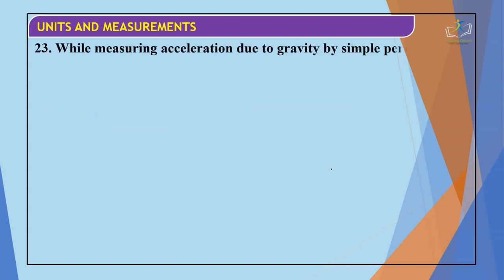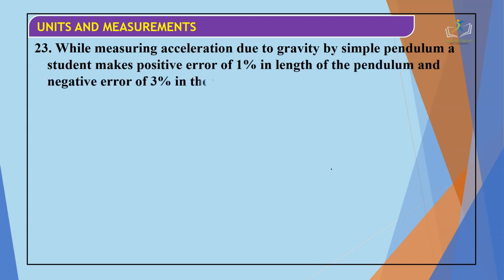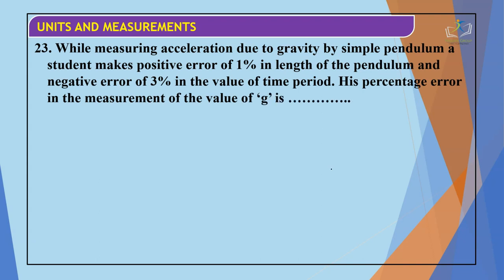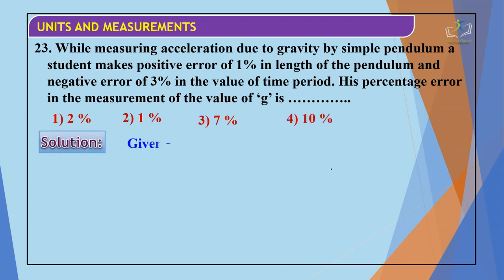While measuring acceleration due to gravity by a simple pendulum, a student makes a positive error of 1% in the length of the pendulum and a negative error of 3% in the value of the time period. His percentage error in the measurement of the value of g is: 2%, 1%, 7%, 10%. So we have the solution.